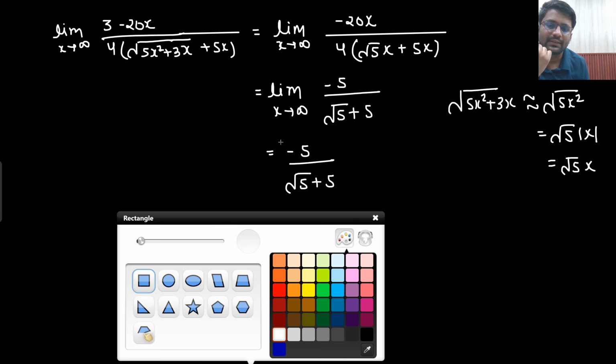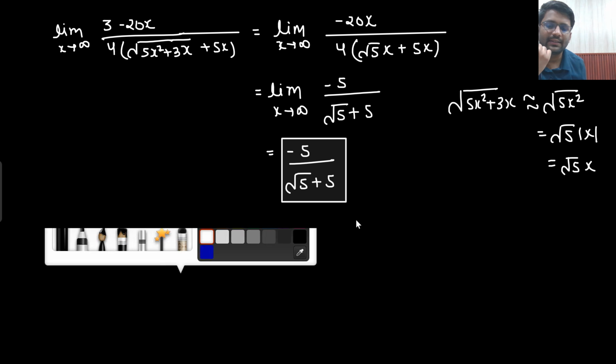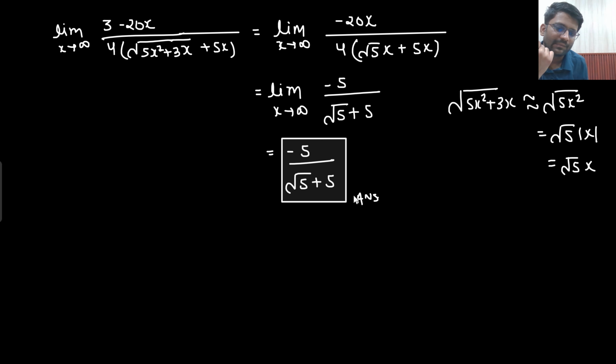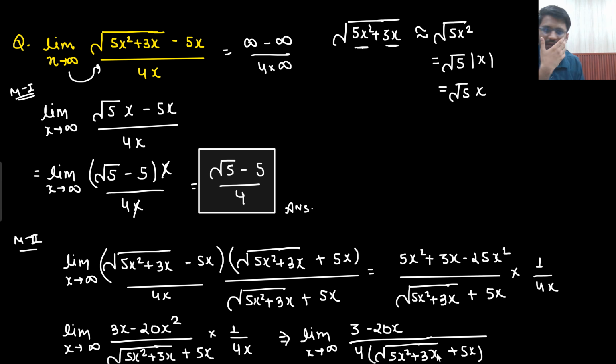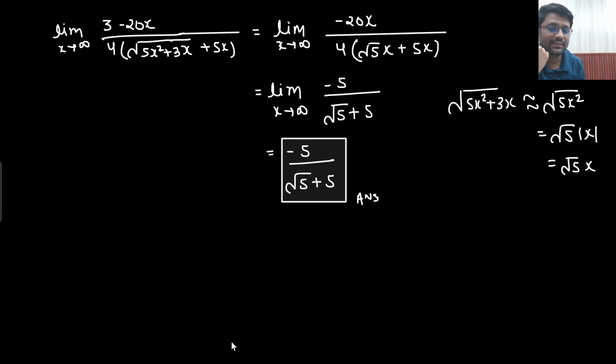So there you go. This is the answer. So this answer is different than the previous answer? They are the same. This simply needs a rationalization, and you will get the same answer. Simply multiply with under root 5 minus 5.